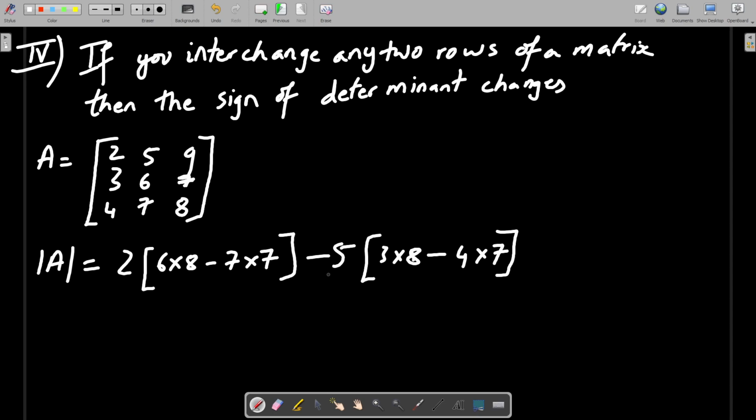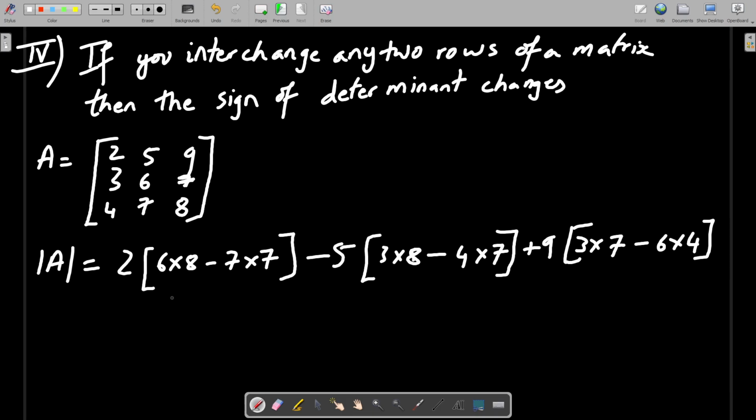Let's try to do this a bit fast. Next is going to become plus 9 times (3 into 7 minus 6 into 4). In case some of you found this confusing, please write down that missing step which I have not written.